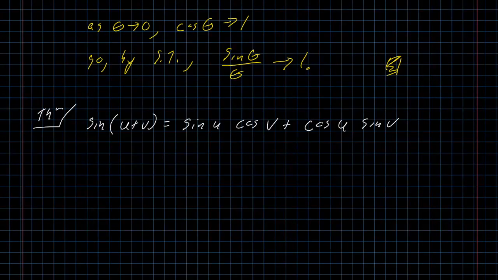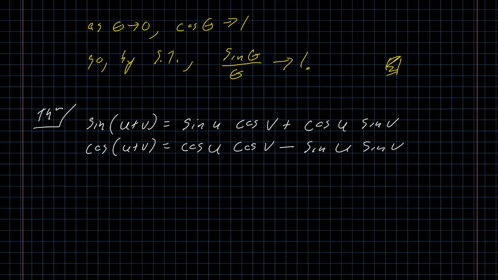And there's a similar one for cosine, but it's not useful to us in what we're doing right now, but I'll mention it because it might be useful to you. The cosine of u plus v is equal to cosine u cosine v minus sine u sine v. All right, that's a thing that you should know from trigonometry.